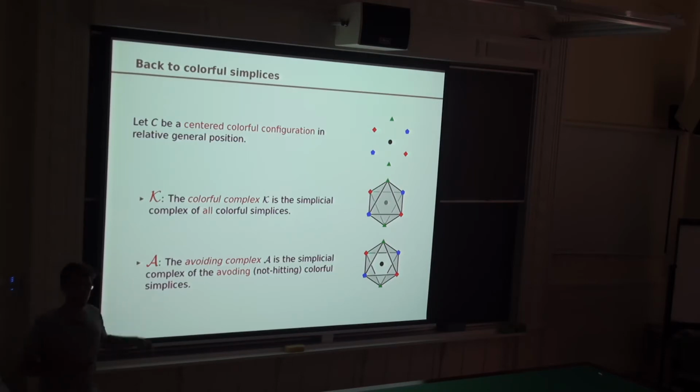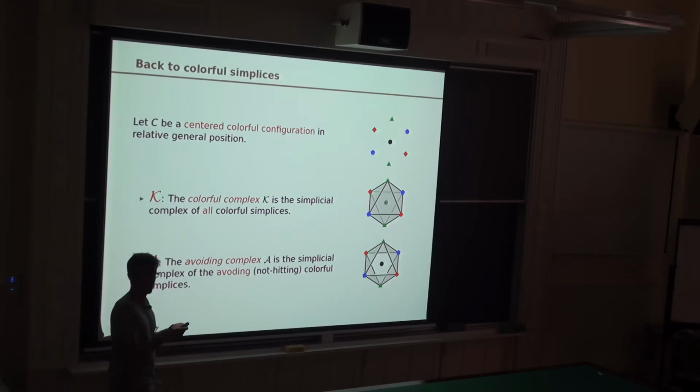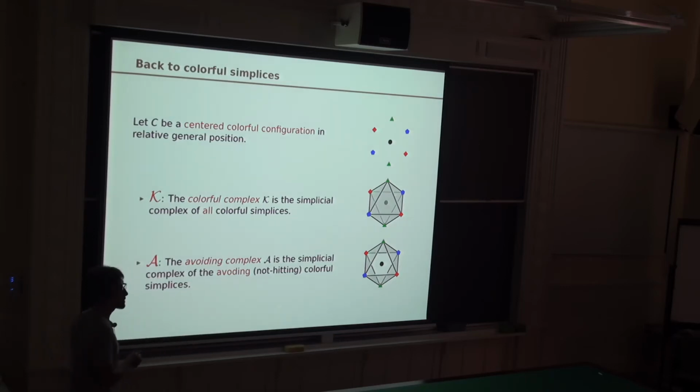And then I have the avoiding complex, which is the simplicial complex of all the simplices that avoid the origin. The fact that I have these genericity assumptions already tells me that this is a simplicial complex, which will have not complete, but the same d-1 skeleton as this one, right?